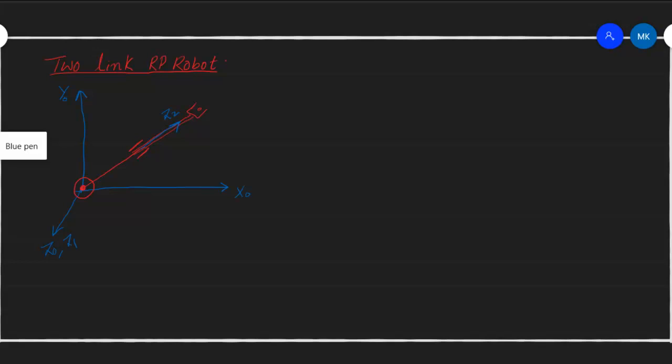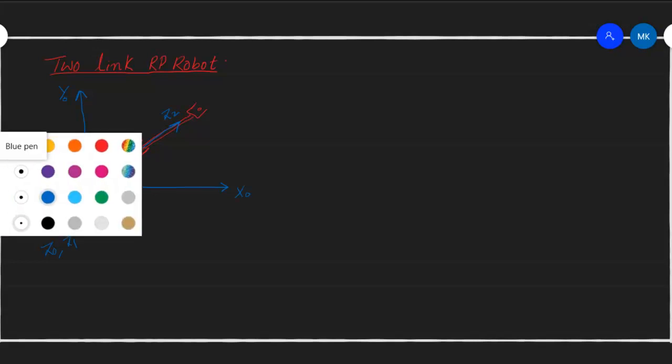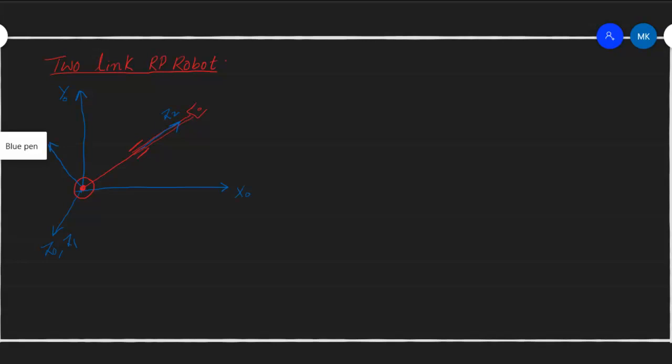Fine, now comes the question of putting x1 and y1. By definition, x1 is nothing but the common normal to z1 and z2. So for z1 and z2, the common normal would be something like this. So this will be x1.